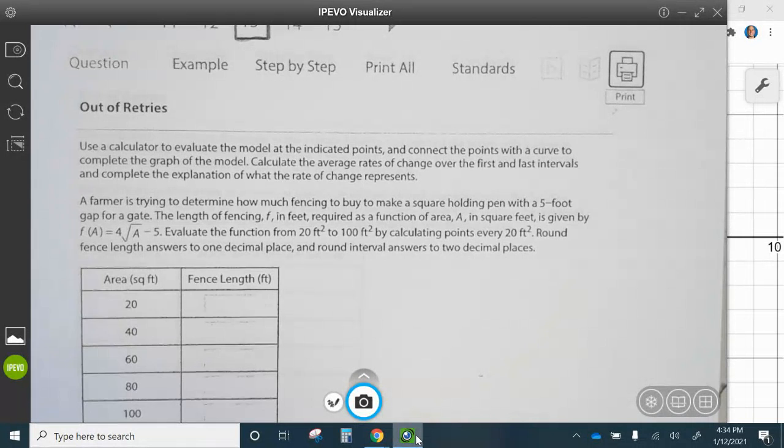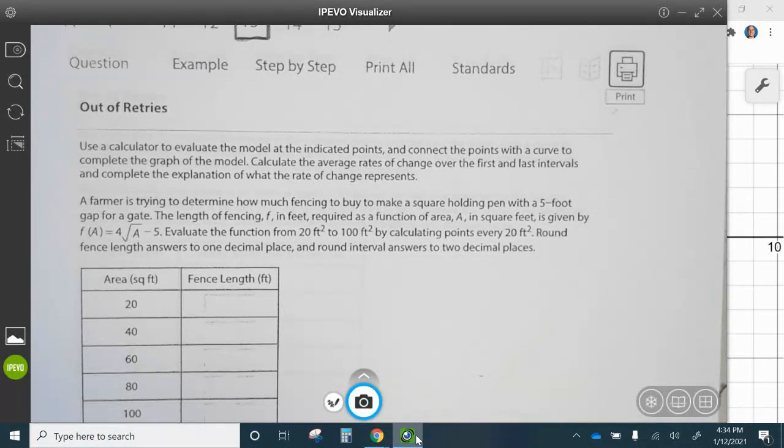Use a calculator to evaluate the model at the indicated points and connect the points with a curve to complete the graph of the model. Calculate the average rate of change over the first and last intervals and complete the explanation of what the rate of change represents. A farmer is trying to determine how much fence to buy to make a square holding pen with a 5-foot gap for a gate.